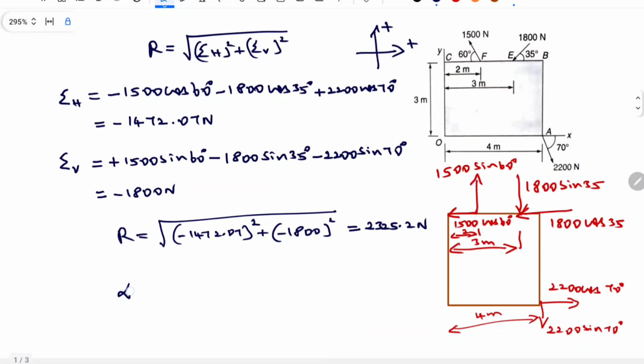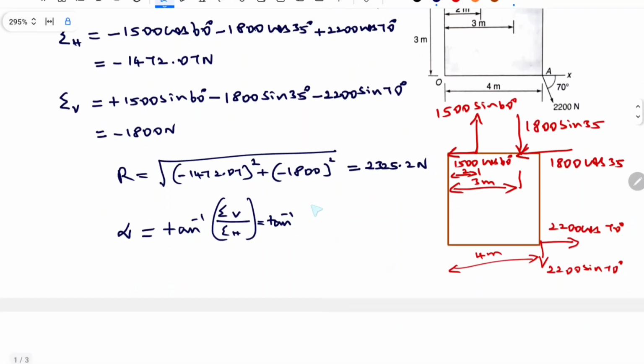Now let us locate the resultant. Before that, let us find the direction. So alpha is equal to tan inverse of summation of V divided by summation of H, that is tan inverse of minus 1800 divided by minus 1472.07, and alpha is 50.7 degree. So this is the R and alpha.